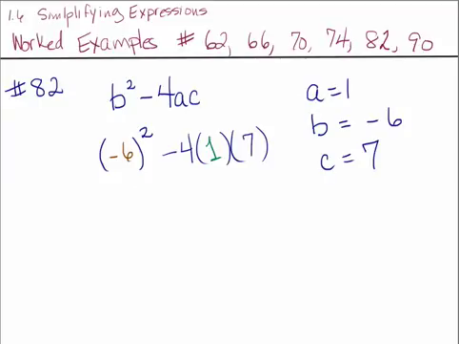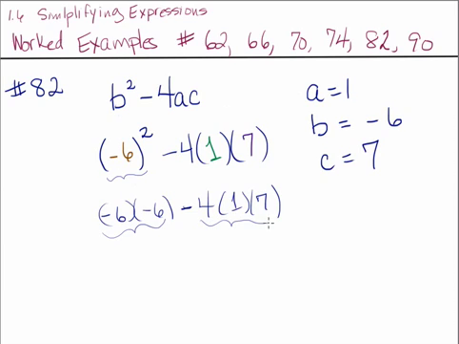Now that everything's in the right place, the order of operations tells me that I must do this exponent term first. -6 times itself twice. Minus, I'll just write this down so I don't forget. Now I have one multiplication, another multiplication, separated by a minus. So I have to do these multiplication pieces first. 6 times 6 is 36, and a negative times a negative is a positive.